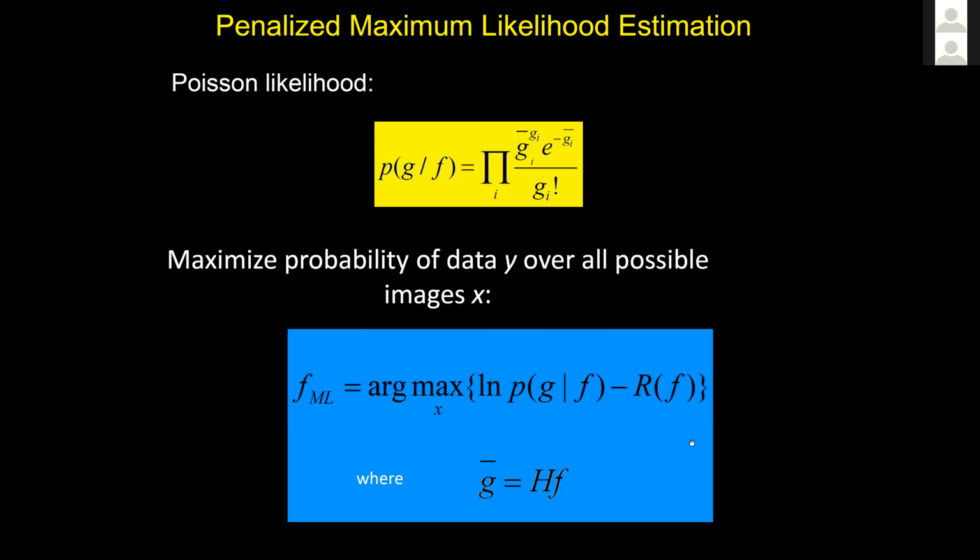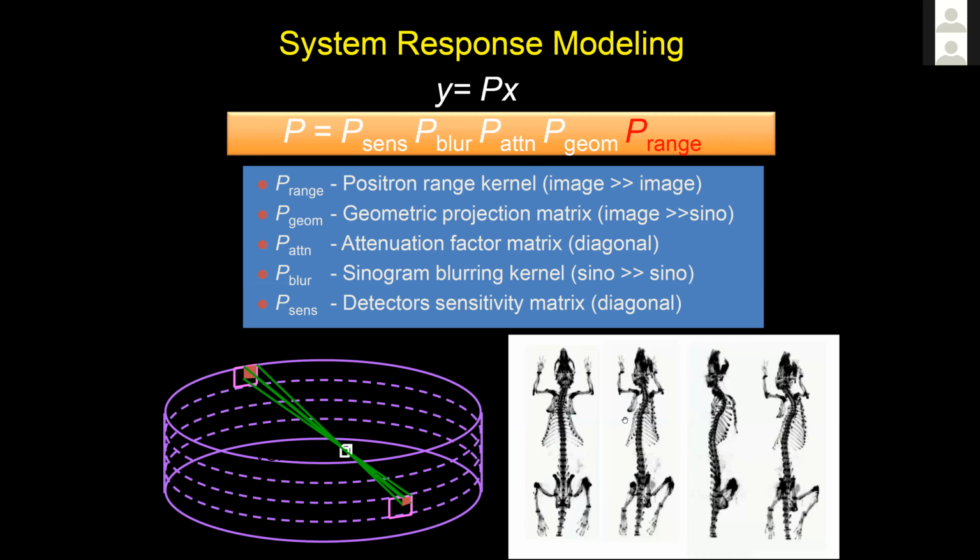So the first part is the data model. Basically, you assume your data is Poisson, you write the Poisson likelihood, and then this is your maximized likelihood function. And for the system model, you can consider a lot of things, particularly for PET. And nowadays, when people are thinking about photon counting in CT, you also have a lot of physics that you need to model in a chain of physical processes in the imaging.